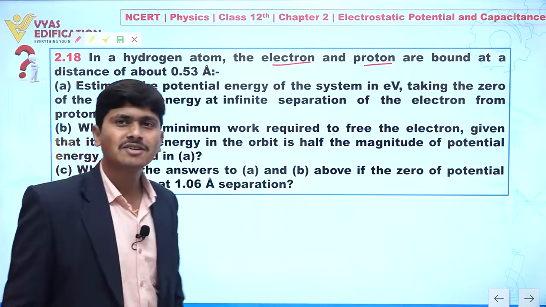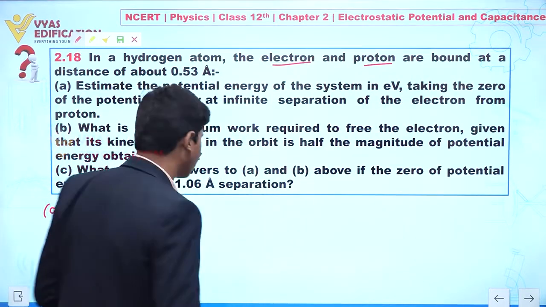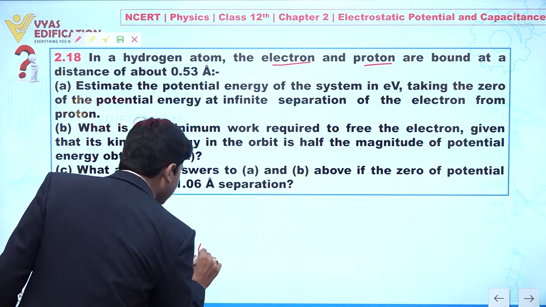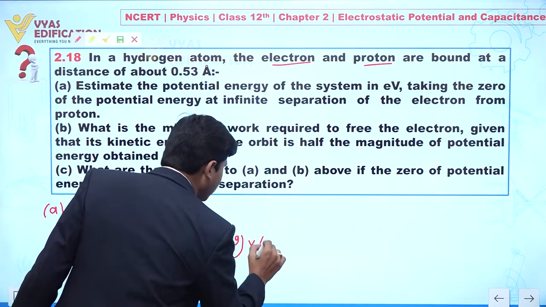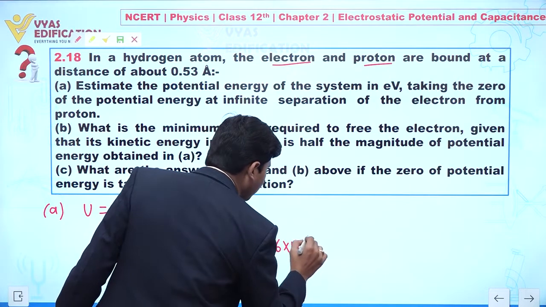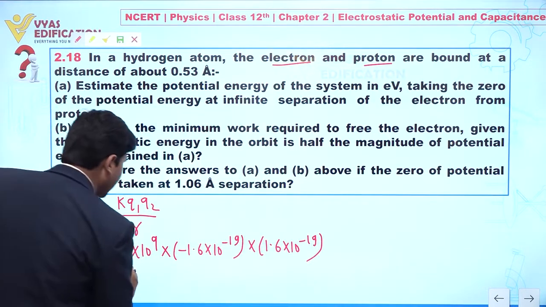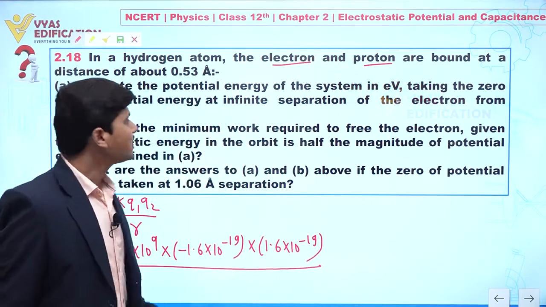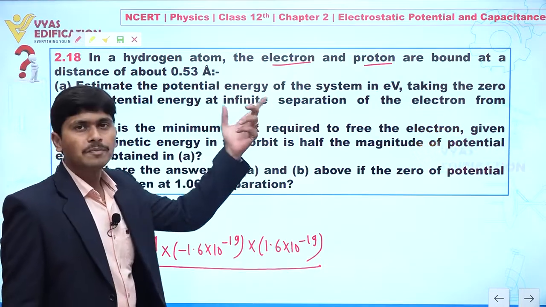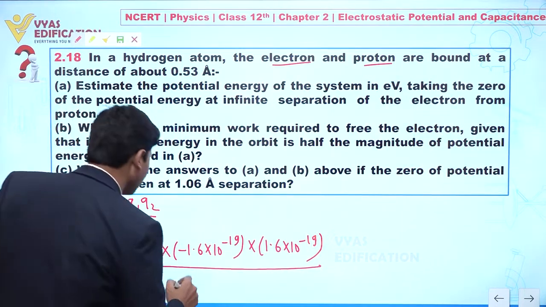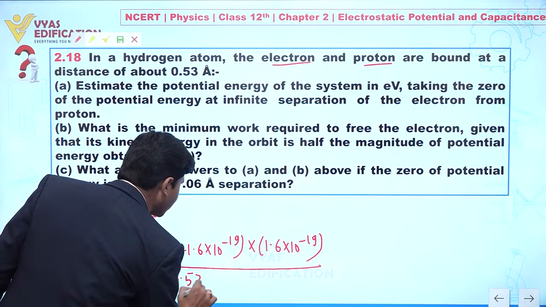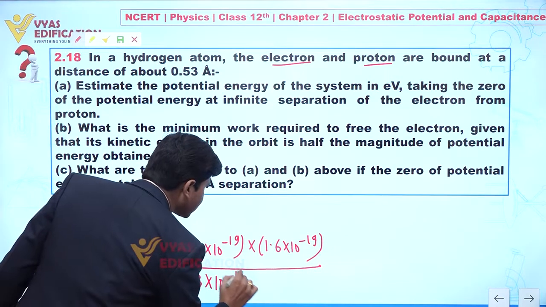Electron has negative charge and proton has positive charge, so this is minus 1.6 into 10 to the power minus 19, multiplied with 1.6 into 10 to the power minus 19, divided by the distance between the electron and proton, 0.53 angstrom, which is 0.53 into 10 to the power minus 10.